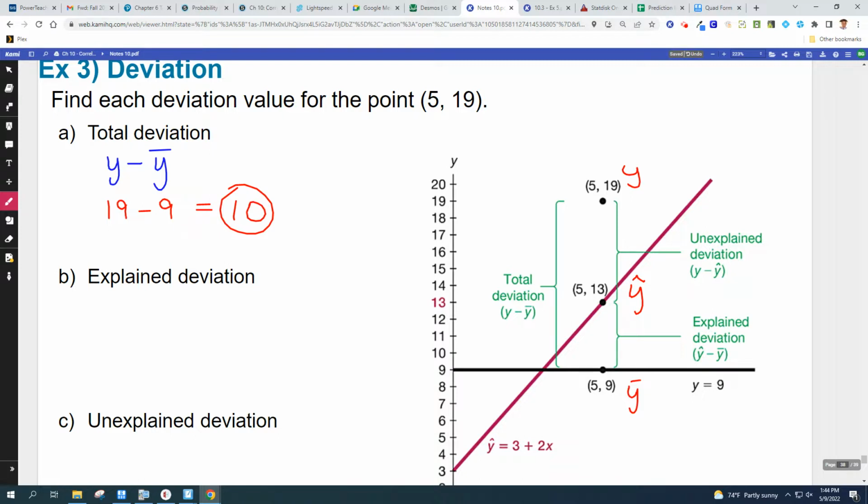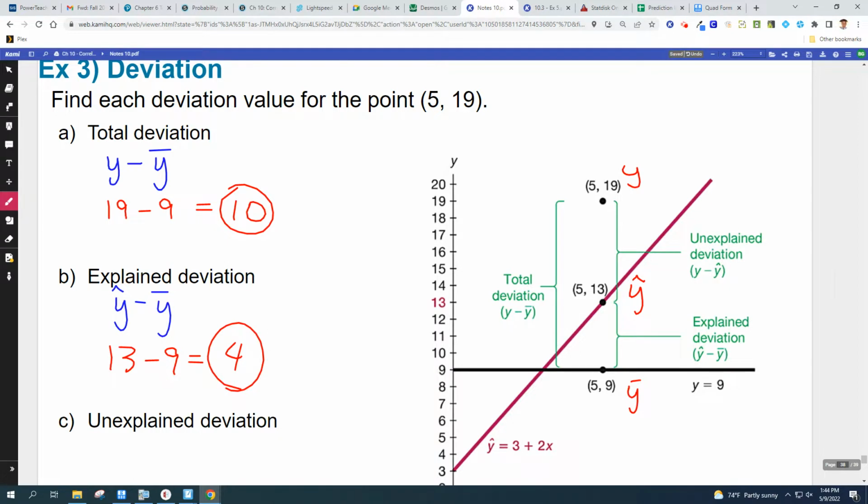Explained deviation: y hat minus y bar. Well, y hat is 13. Y bar is 9. Subtract those, you get 4. That is your explained deviation.